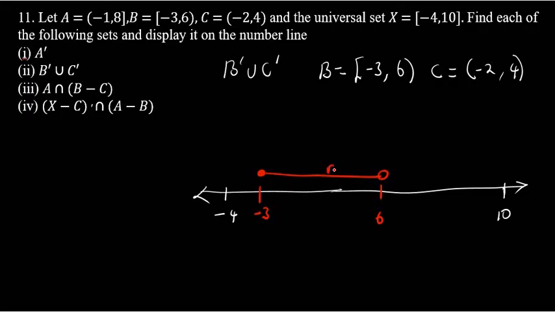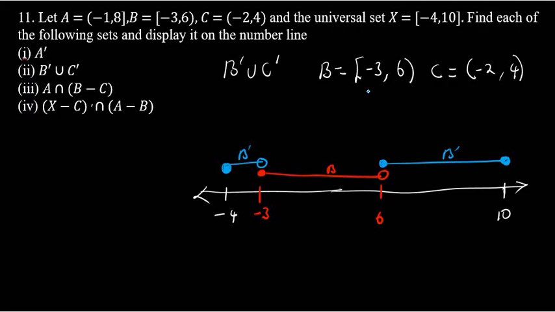So this is B. Now, B complement. -3 is included in B, meaning that it won't be included in B complement. 6 is not included in B, meaning it will be included in B complement. So this is the B complement.